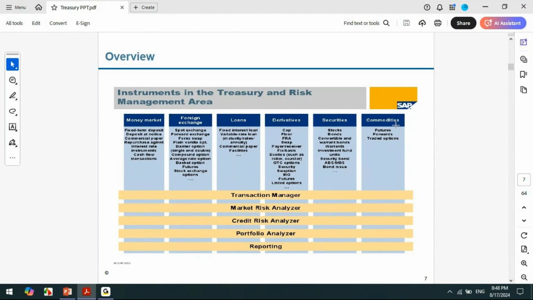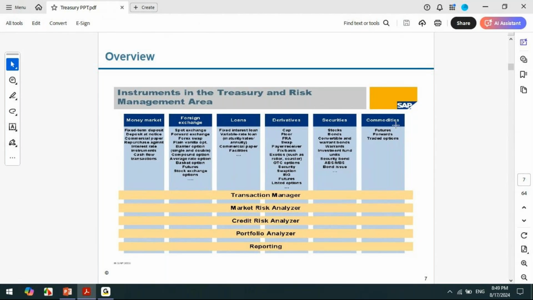There is a new addition: commodities are not separate, and loans are not different now. There's no separate loan product. All these loan products are now part of money market instruments, and all the commodities are now part of derivative instruments.